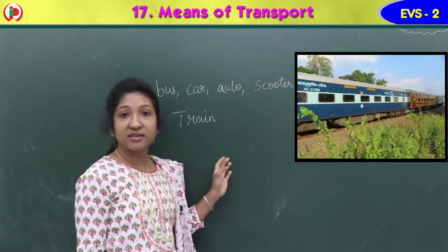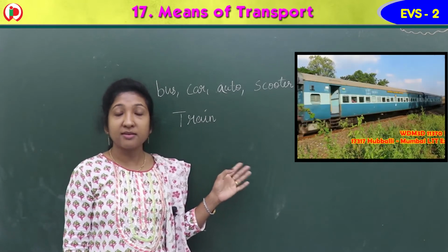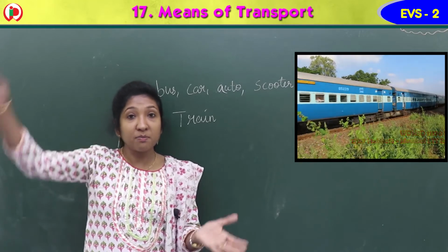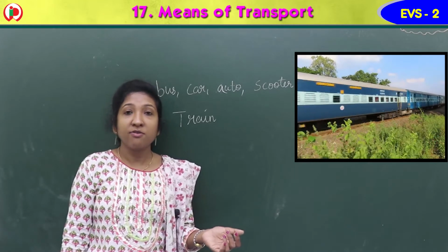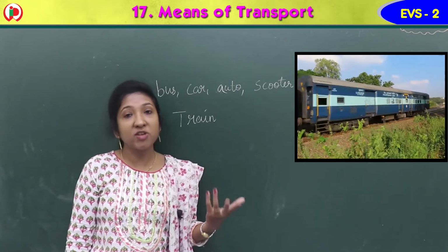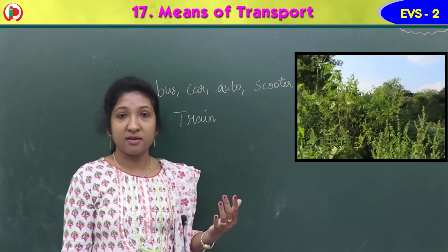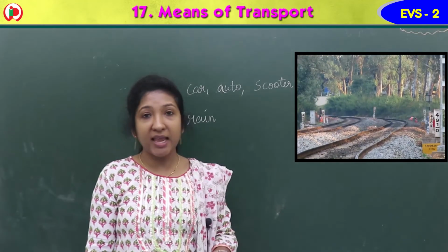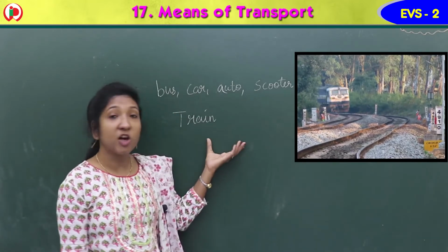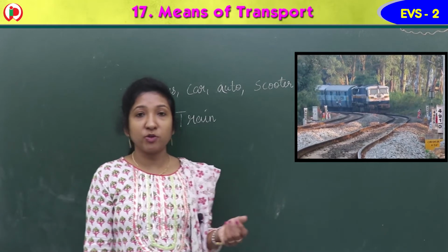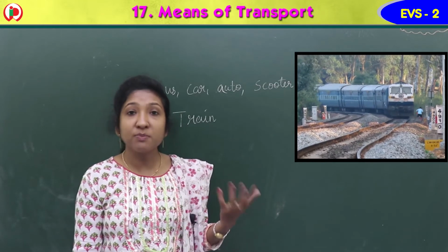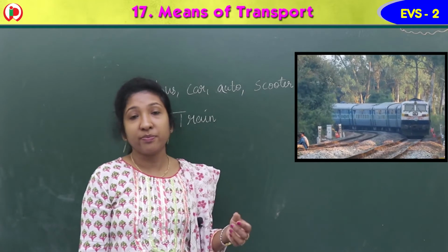Yes, nowadays we have AC coach buses, big buses, where we can travel long distance. Okay, so all these are called means of transport. To travel from one place to another, we use means of transport.